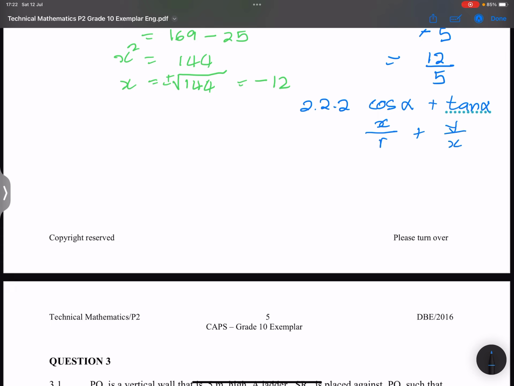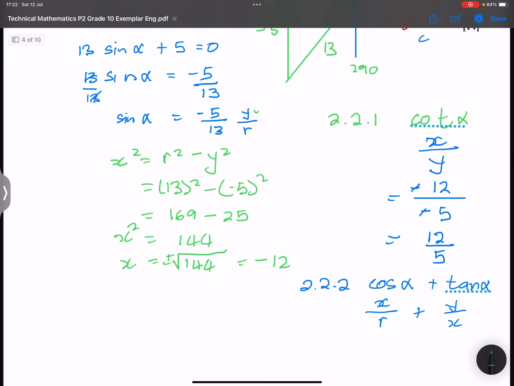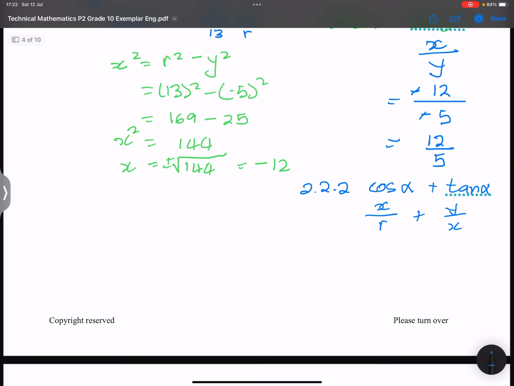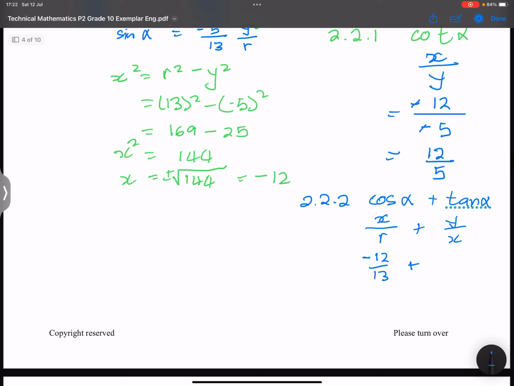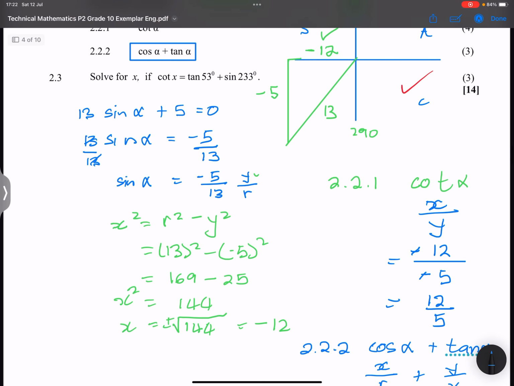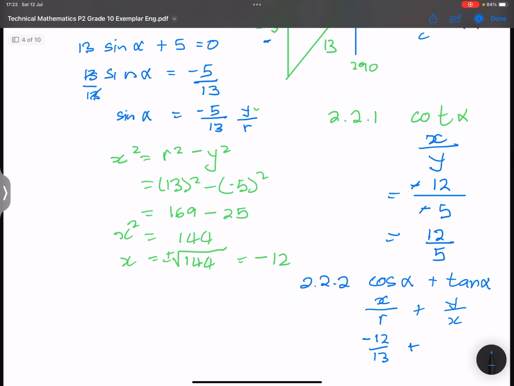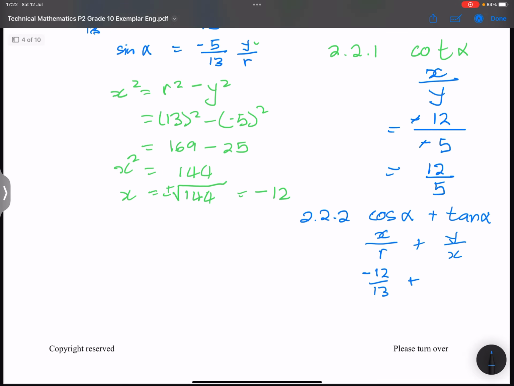Our x value from our triangle, we said that's negative 12, and r is 13, so that would be minus 12 over 13, plus our y value, which is negative 5, over x, which is negative 12.